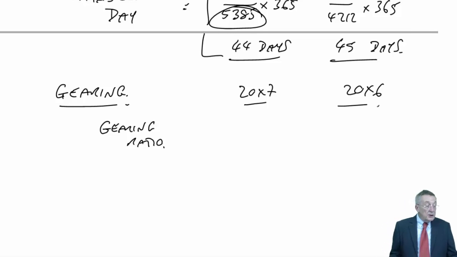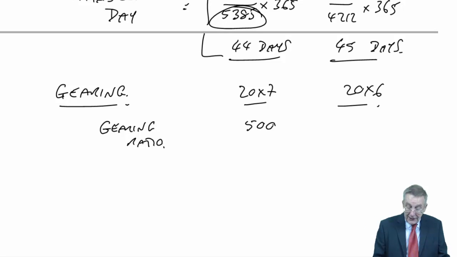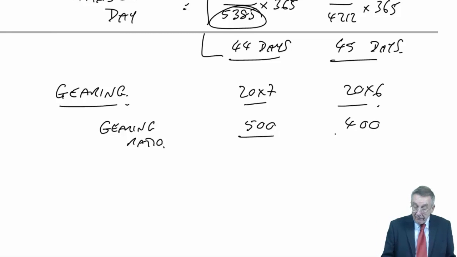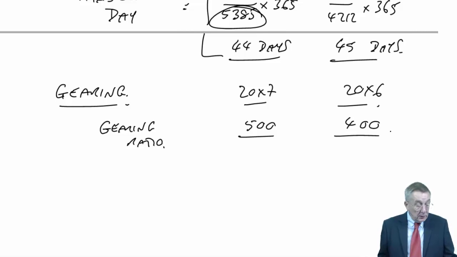And this is the long-term liabilities. This year 500, last year 400. As a percentage of the amount raised from shareholders. The shareholders' funds, this year 2190, last year 1401.